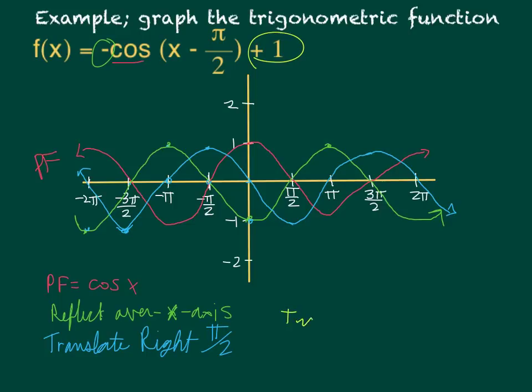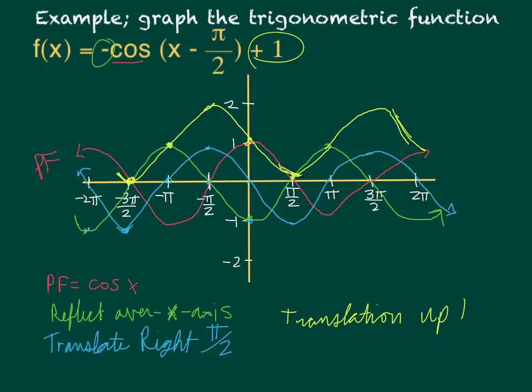So that would be a translation up 1. When I translate the blue function up 1, everything's just going to shift up 1. So that's going to be what your final function looks like, more or less, that yellow function.